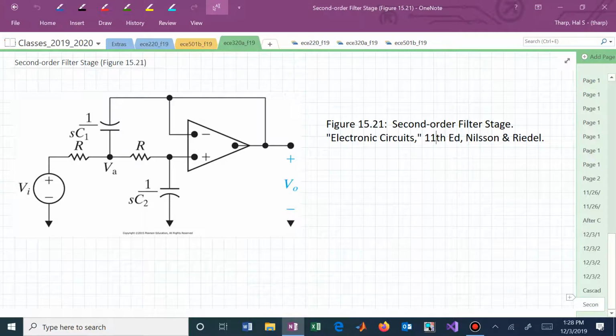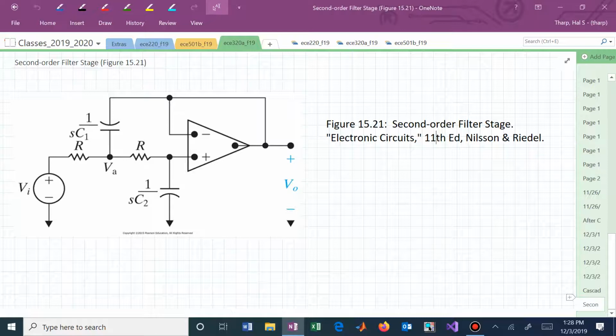And once you have this, can you derive the transfer function for this filter? You should be able to. Once it's derived, you now have it in terms of the R's and the C's. Now you're going to have a denominator that contains R's and C's.